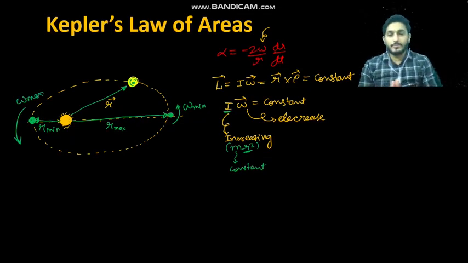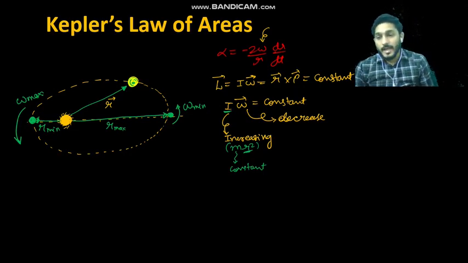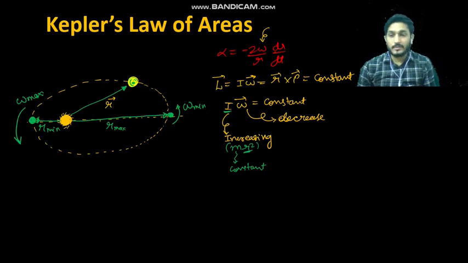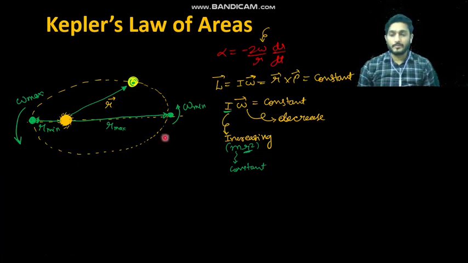Now let me make you visualize this concept. Farther the planet from the sun, slower is its angular velocity. Closer the planet with respect to sun, faster its angular velocity. So let me try to make you visualize how the planet is revolving. So planet is slowest at that point and continuously increasing its angular velocity.